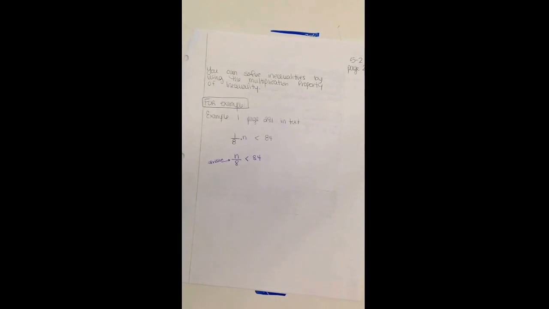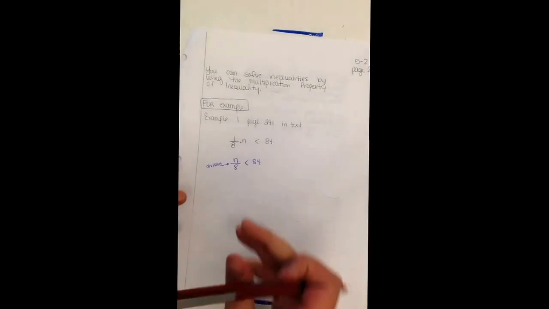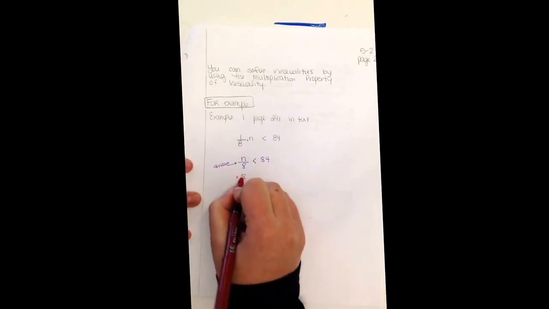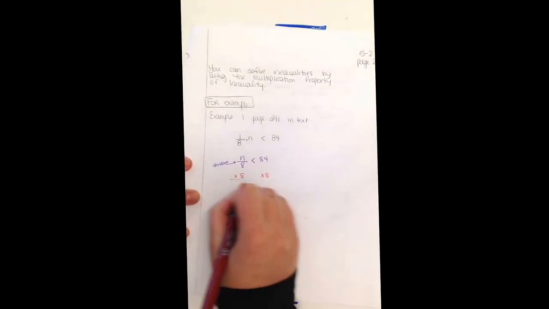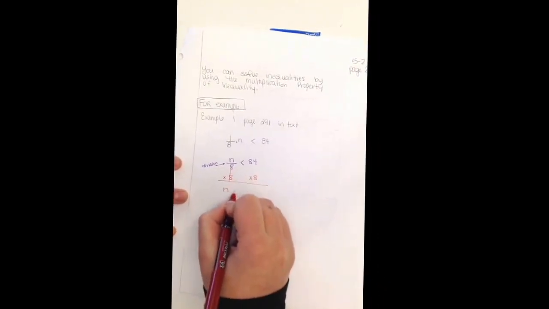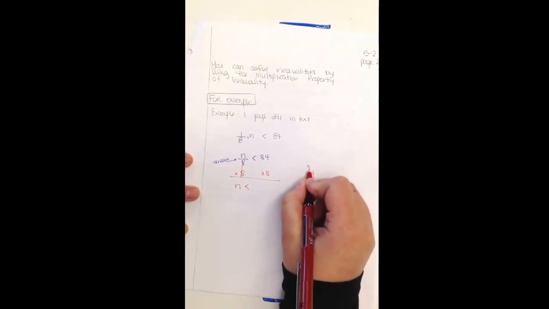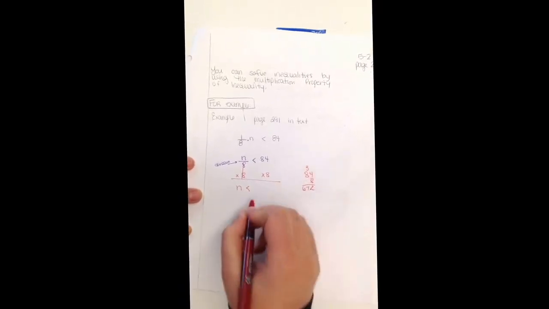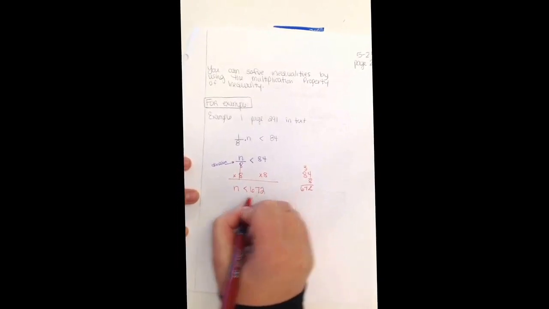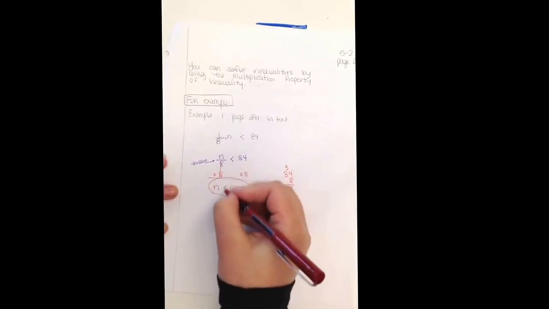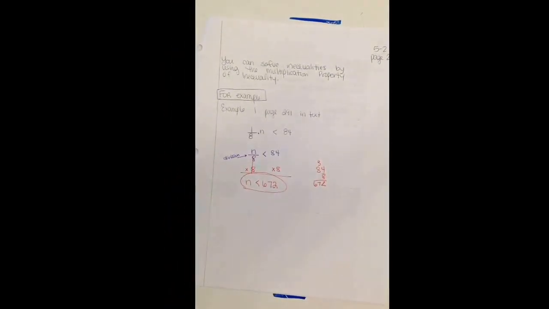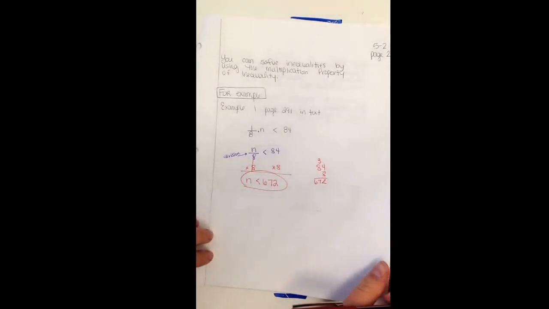So to undo that division and thus solve our inequality, I'm going to multiply both sides by a positive 8. And I get n is less than, let's see, 84 times 8, 672. Our inequality symbol stays the same because it was a positive number. Next page.